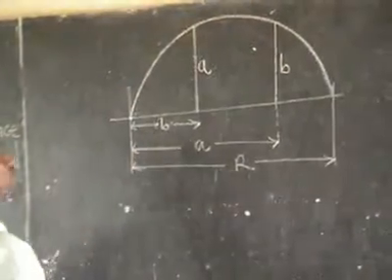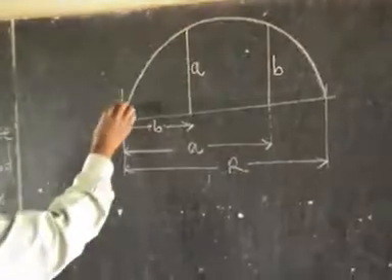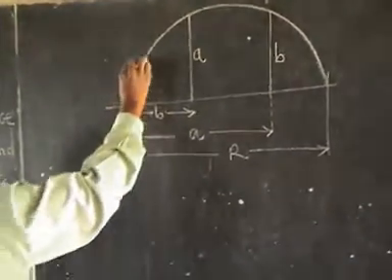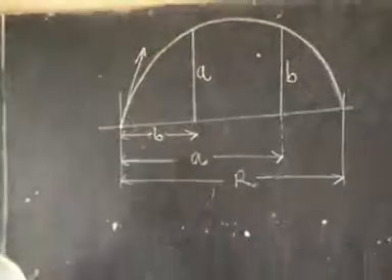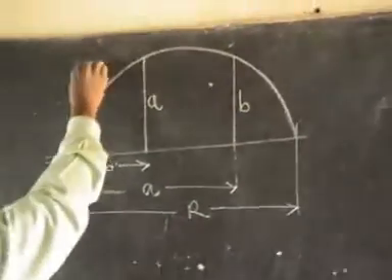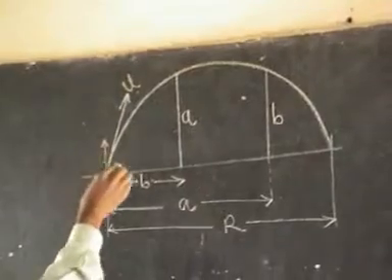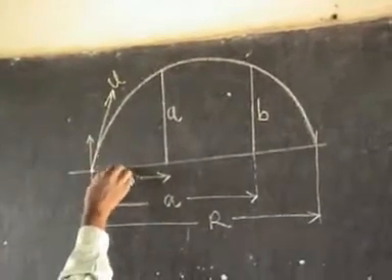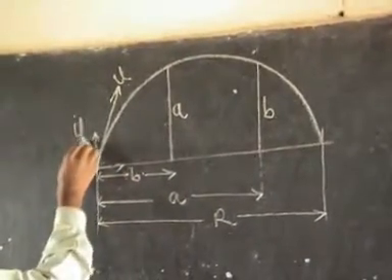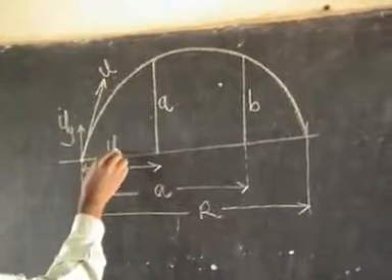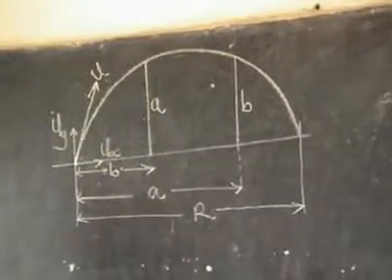Now, we are going to assume our body was projected with the speed u, and we have the components along the vertical and horizontal, so I'm going to call this my uy, and this my ux.